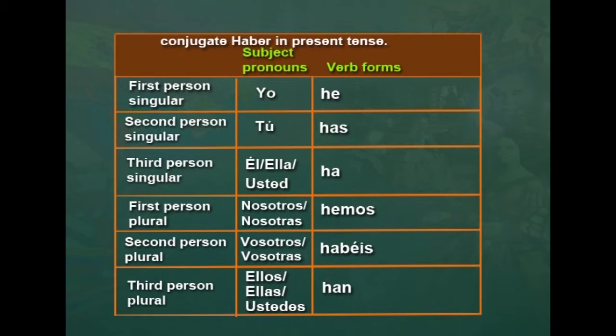So, you got it? He, has, ha, hemos, habéis, han. Learn this. It is a very important auxiliary verb. You should always remember this auxiliary verb haber, since this is the only auxiliary verb to be conjugated in present, past and future in different tenses and moods in Spanish.